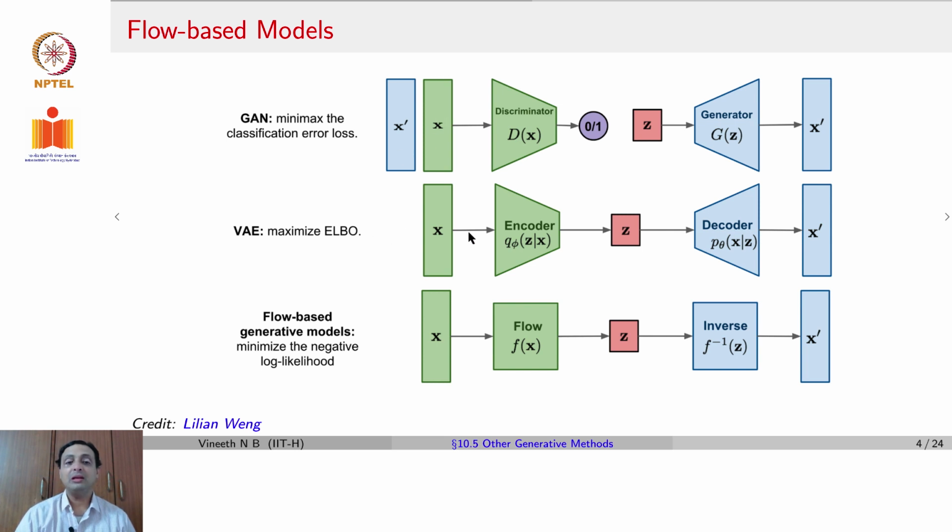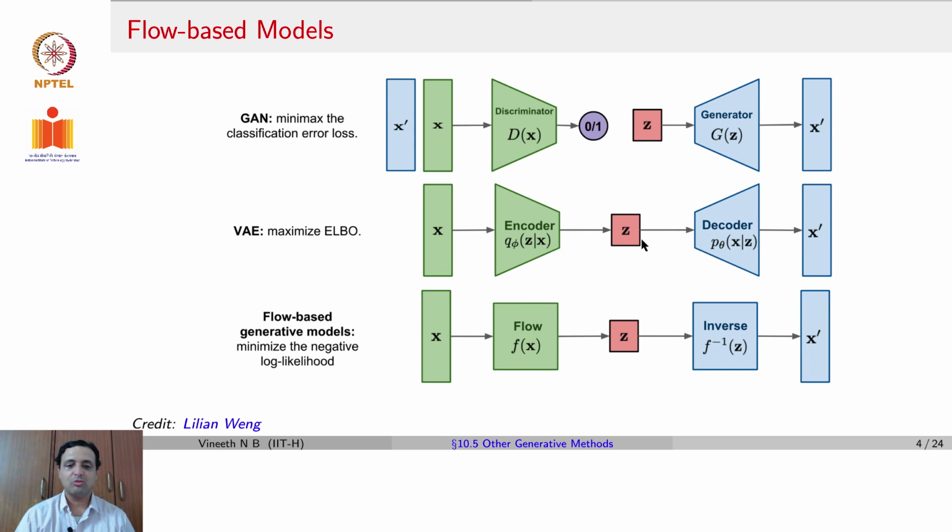Similarly, VAE is an encoder-decoder model where the encoder captures the approximate posterior q phi, where phi are the weights of the encoder. Similarly, the decoder captures p theta of x given z, where theta are the parameters of the decoder. So in this case, it's an approximate density estimation, as we just mentioned.